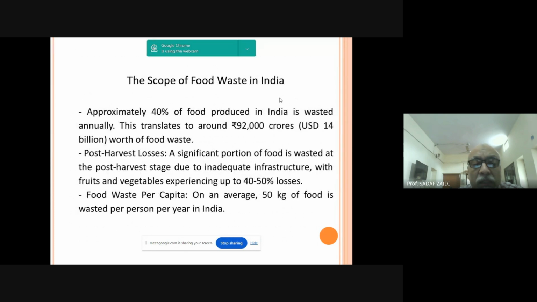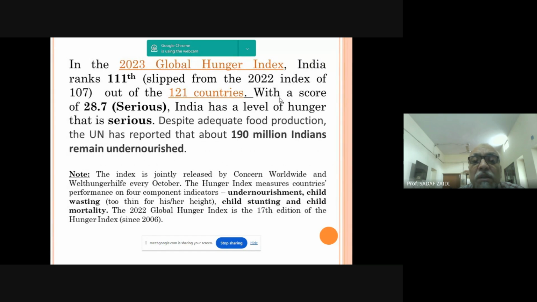Now, as far as India is concerned, you will find that 40% of the food produced in India is wasted annually, which is around 92,000 crores or $14 billion worth of food waste, right? So we have to be very careful. And in India, you see that we have slipped in the global hunger index.